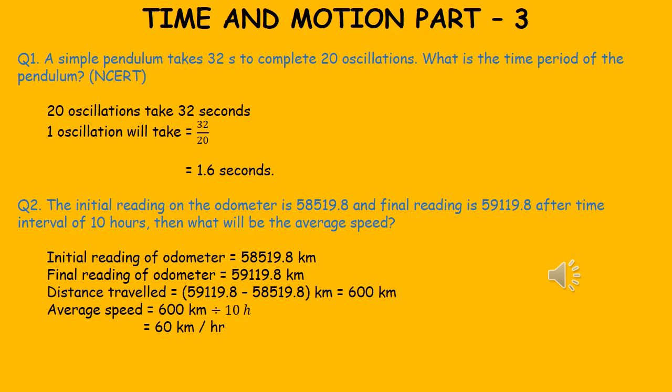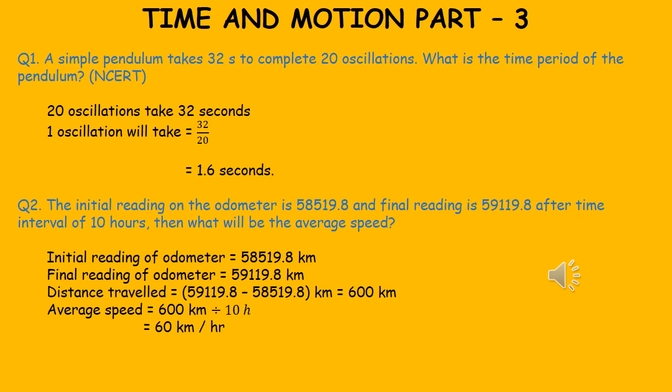We are going to the second question, where the initial reading of the odometer is given as 58,519.8 and the final reading is 59,119.8 after a time interval of 10 hours. Then what will be the average speed?